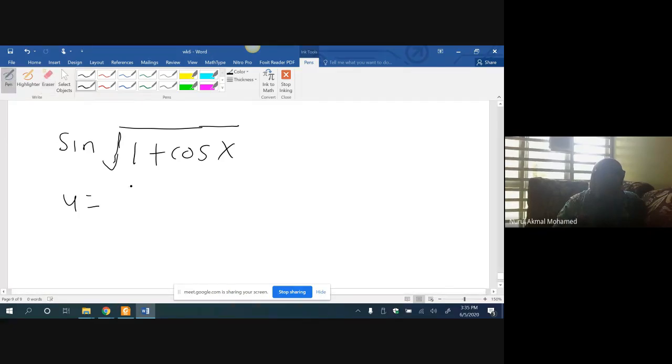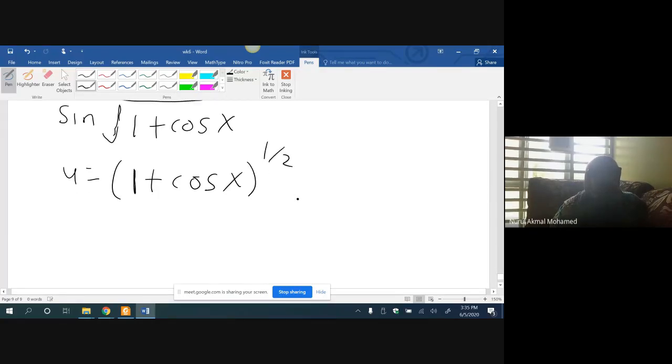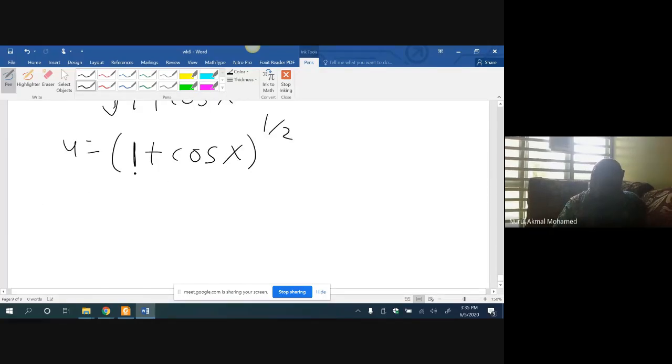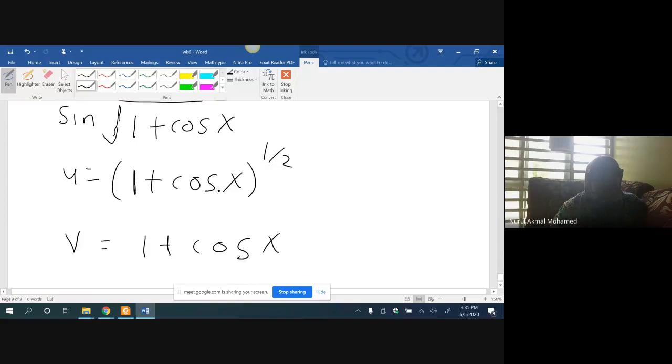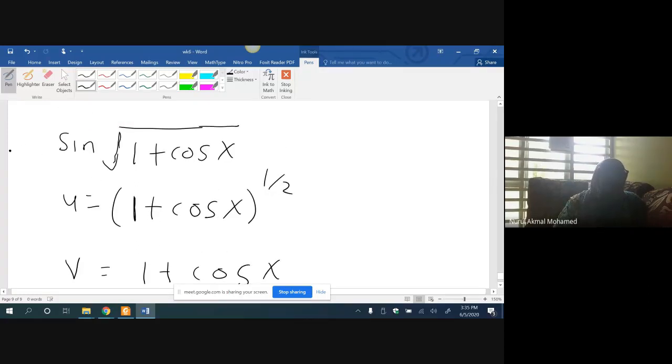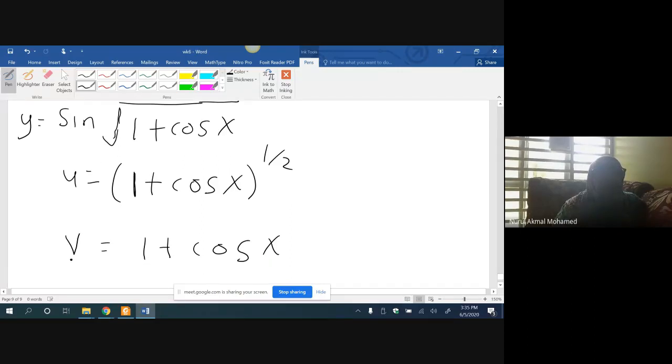If you denote u as the whole thing, 1 plus cos x to the power of 1/2, you might want to denote the inner expression as another variable, let's say v. So v is 1 plus cos x. So you have two additional variables here. The original one is y, and you have u and v.